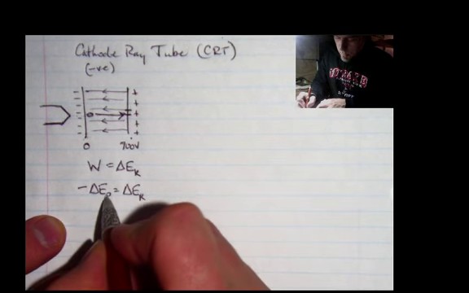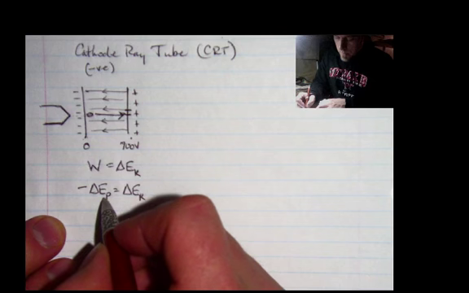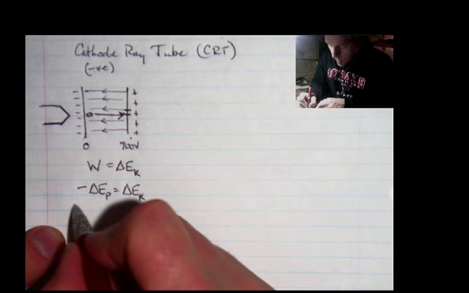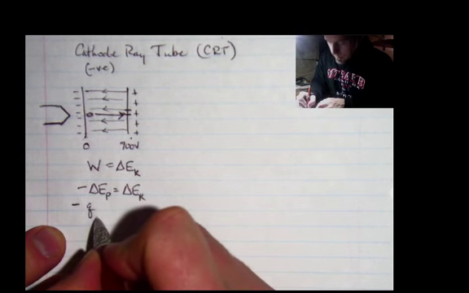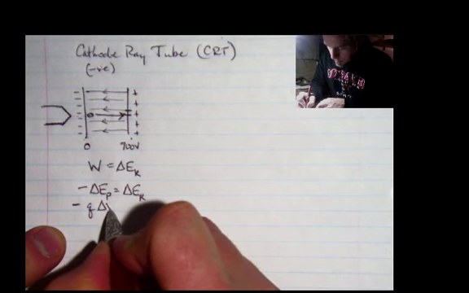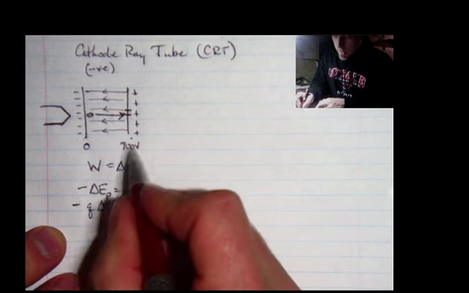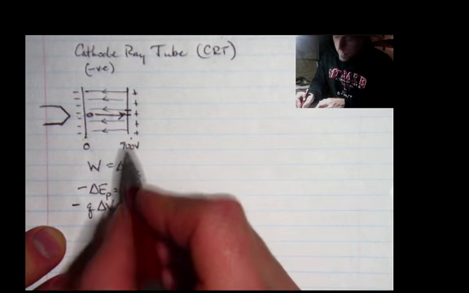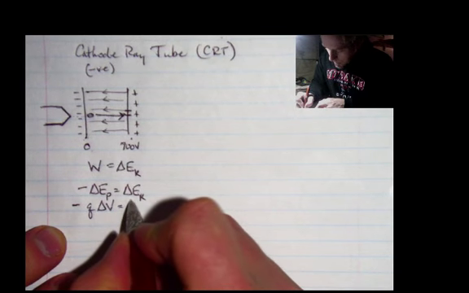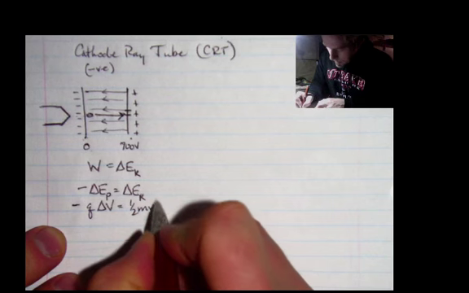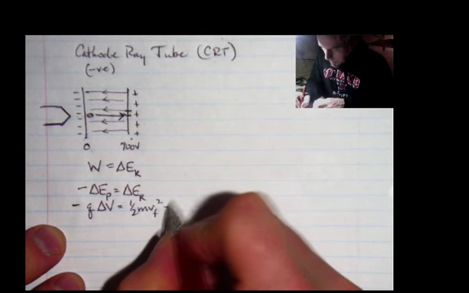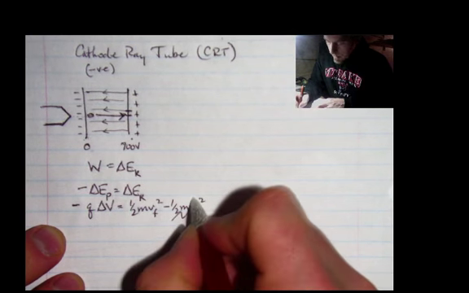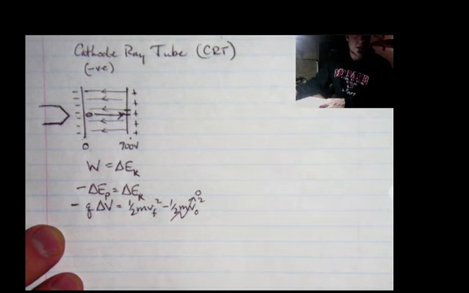I can now substitute from here what these values are going to be. Potential energy for a set of plates, you will recall, is the charge times the potential difference. I'm not going to plug in the number 700 at this point in time, but that's what the potential difference is, as I pointed out. And that's going to equal 1/2 mV final squared minus 1/2 mV initial squared, and this term is 0 since it started from rest.